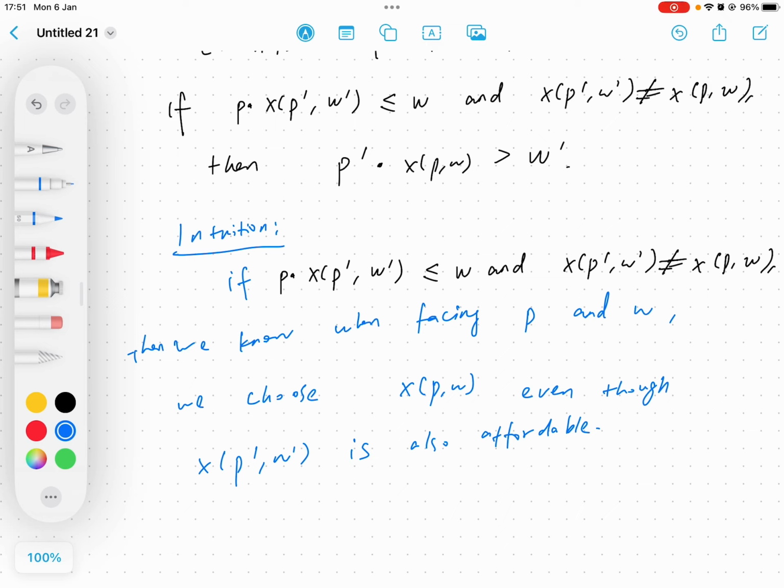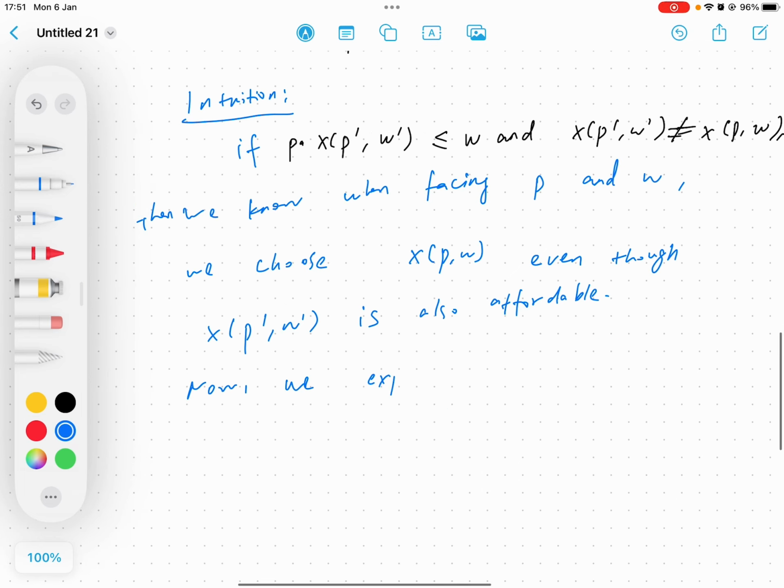Now, we can expect the consumer to display some consistency in this demand behavior, or in the revealed preference. What do we mean by this consistency?